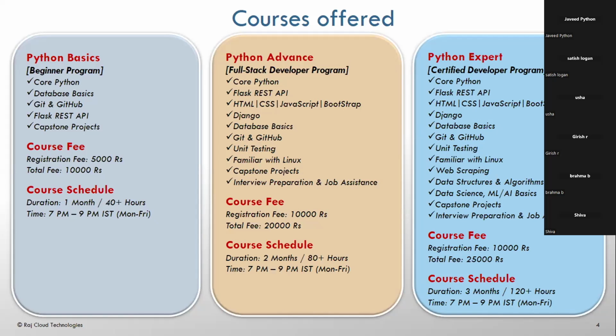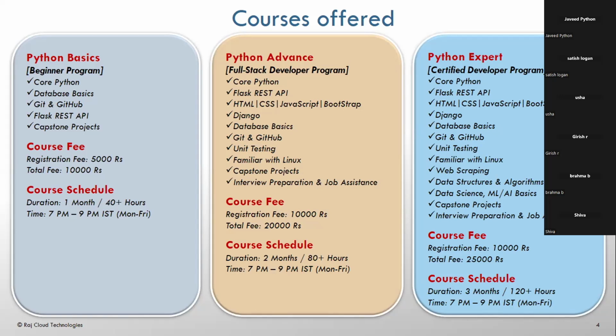Okay. And you won't provide certificates for Python Advanced? No, you didn't understand properly. Certified developer program means this course content is sufficient to clear the Python developer certification from Microsoft.